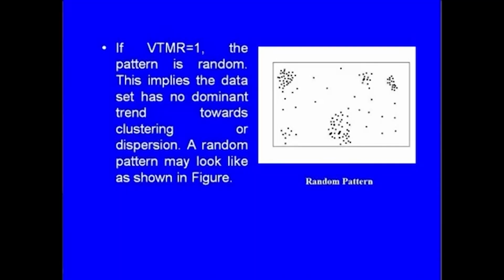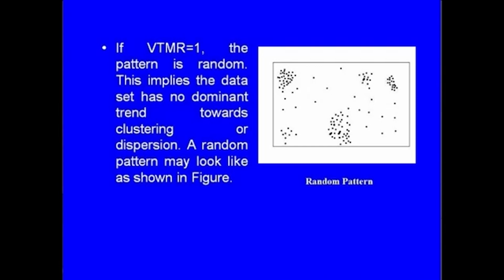The third condition is VTMR equal to 1, that is, the pattern is random. This implies that the data set has no dominant trend towards clustering or dispersion. A random pattern may look like as shown in this particular figure.